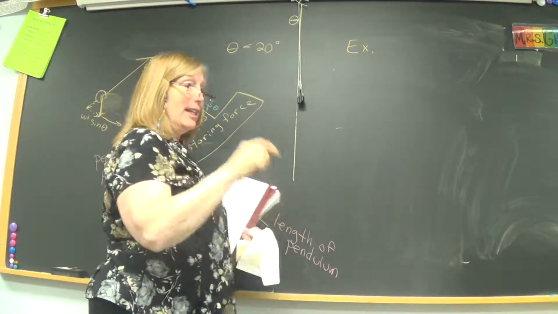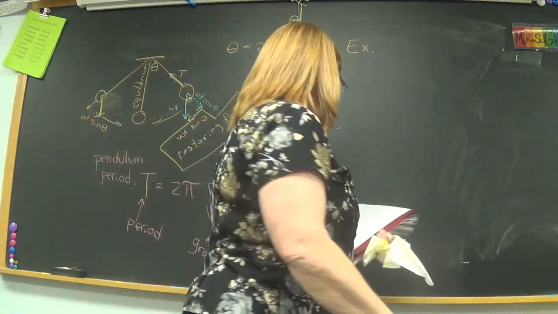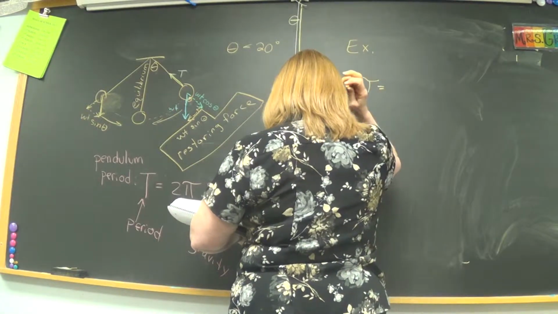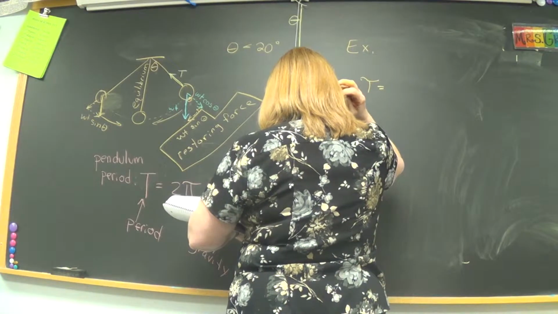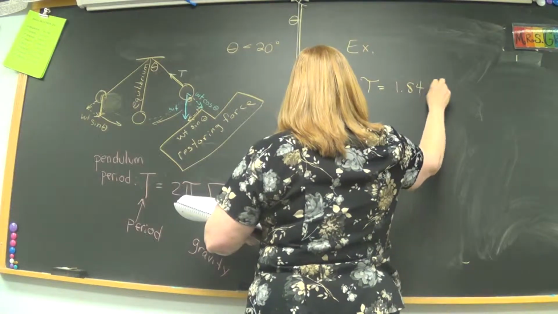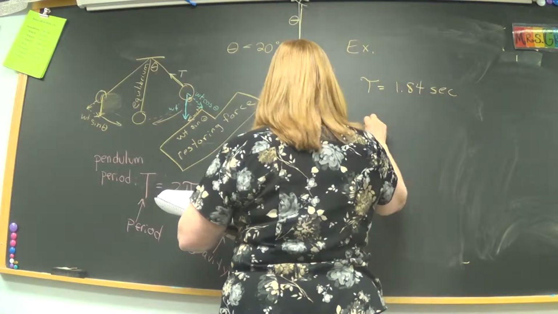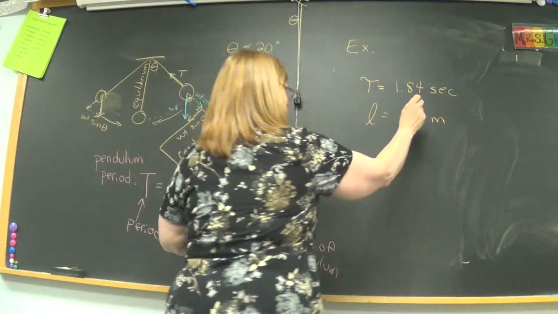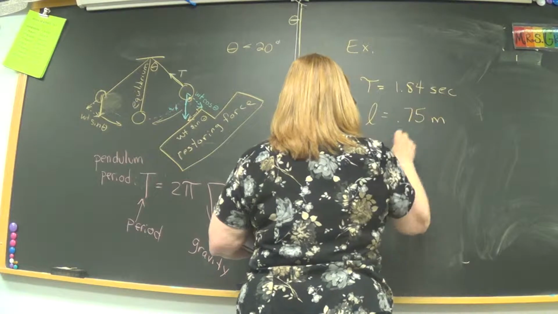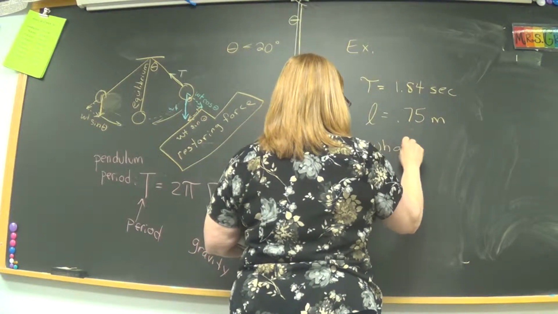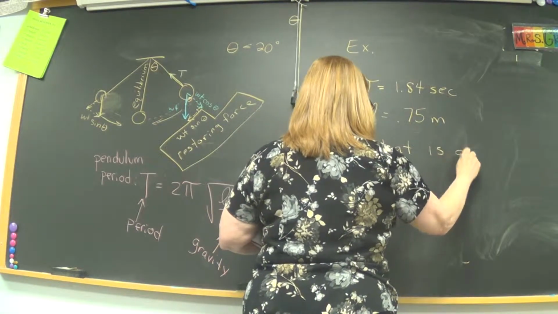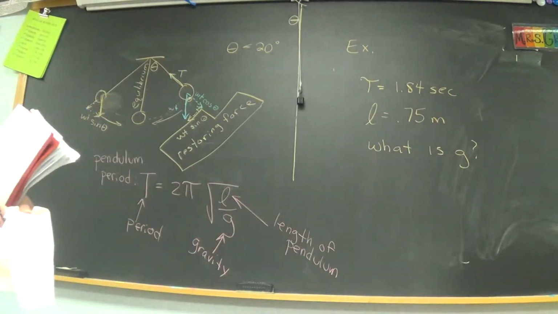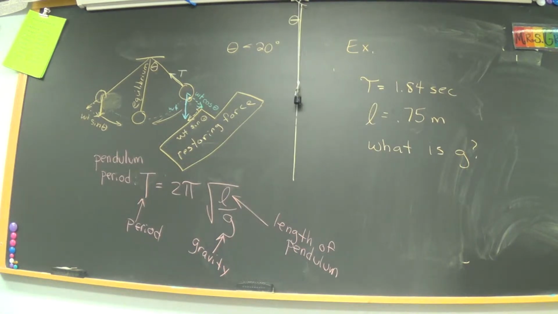And the period that you calculate, your calculated period is 1.84 seconds, and the length of your pendulum string is 0.75 meters. What is the gravity on the distant planet?